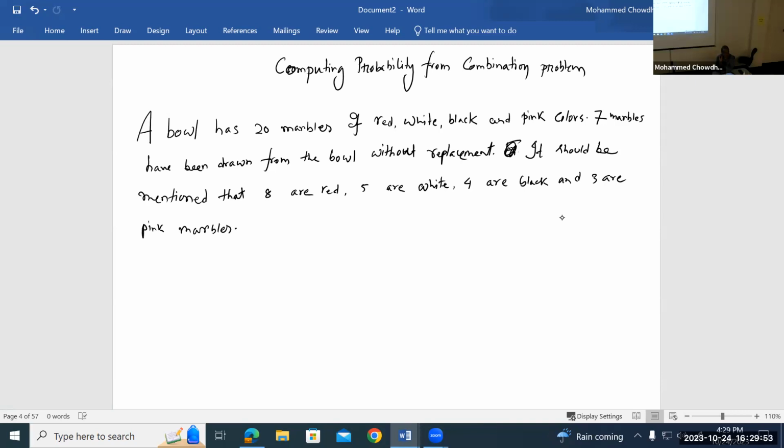Clear, right? So 8 are red, 5 are white, 4 are black, and 3 are pink. So that means 20 marbles. Altogether 20 marbles are in there.